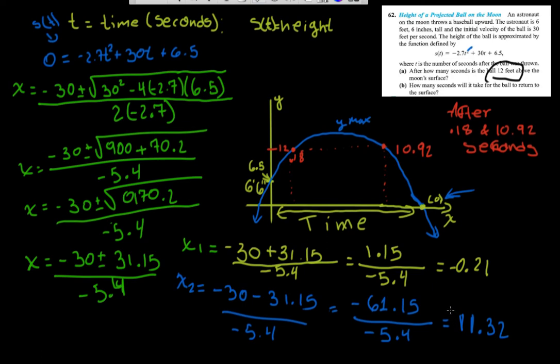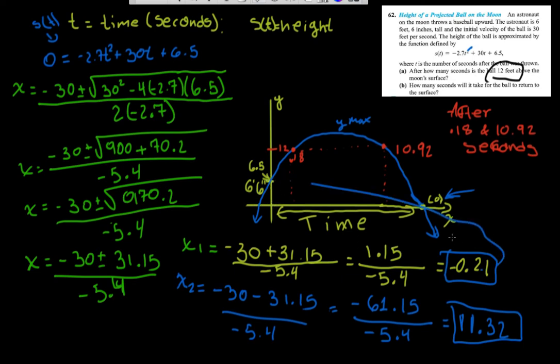So what does that mean? We have two values here. We have a negative value and we have a positive value. As you can see, he's throwing the ball at 6.5, or 6 feet and 6 inches, right? So we are not back in time. We are starting here.